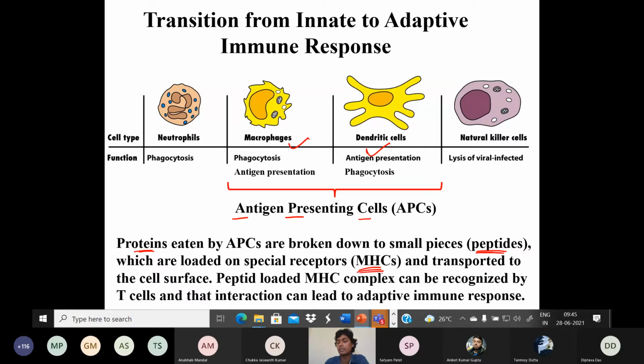I will discuss a little more detail later. MHC and transported to the cell surface. Peptide-loaded MHC complex can be recognized by T cells, and that interaction can lead to adaptive immune response. Like here, everything is summarized about the adaptive immune system.